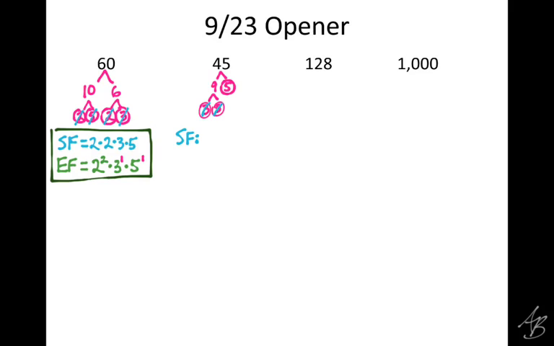Okay, so 3 times 3 times 5. And the exponential form? Yeah, 3 to the second power, which we would read as 3. What's another way of saying 3 to the second power? 3 squared, exactly. So 3 squared times 5. And again, if you want to put the exponent on the 5, that's going to be a 1.